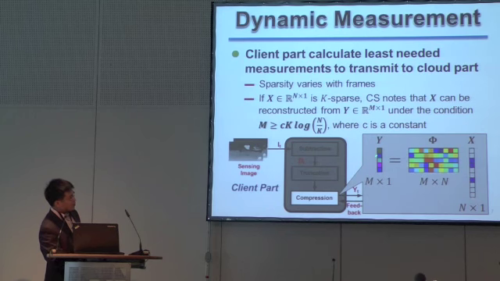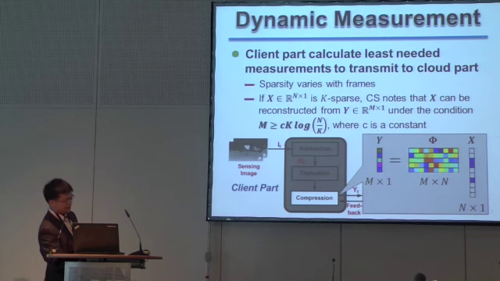Compressive sensing notes that x can be reconstructed from y under the condition m larger than or equal to c k log n over k, where c is a constant. The k here is a very important factor. By definition, we say x is k-sparse if the number of non-zero entries of x is k.